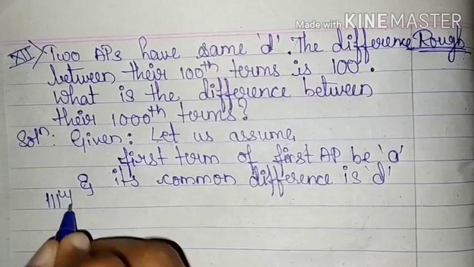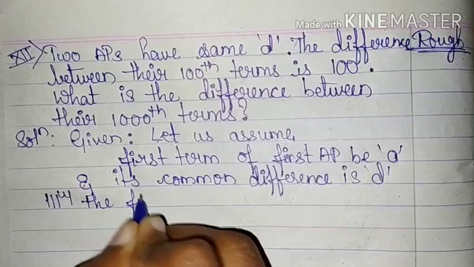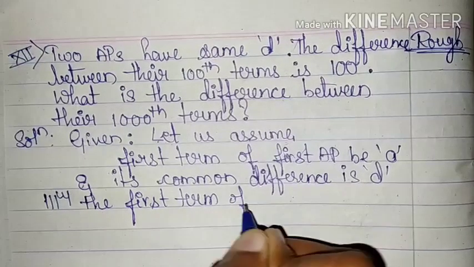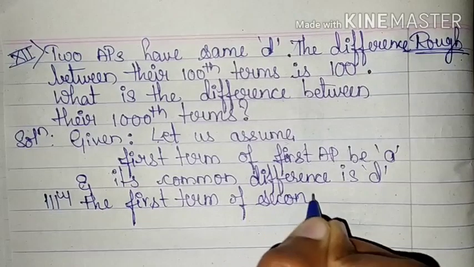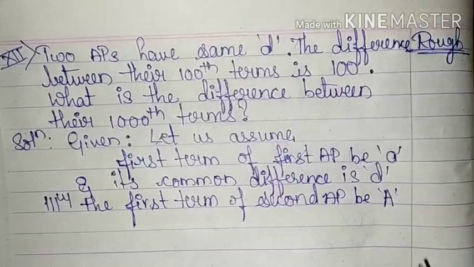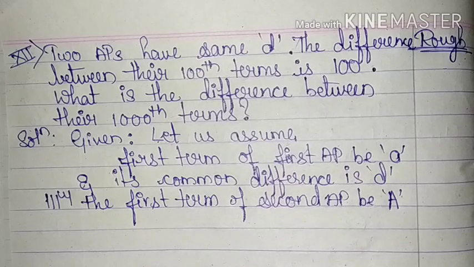Similarly, the first term of the second AP be capital A. They have not told us both APs have the same first term, so obviously both APs have different first terms.